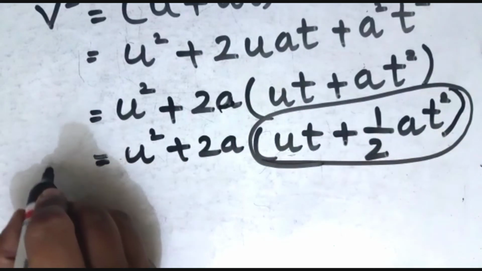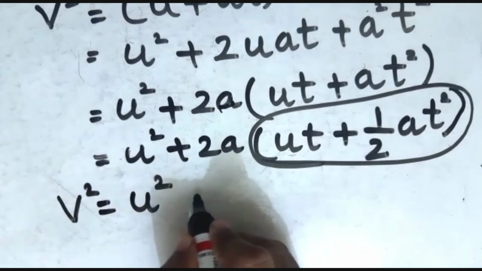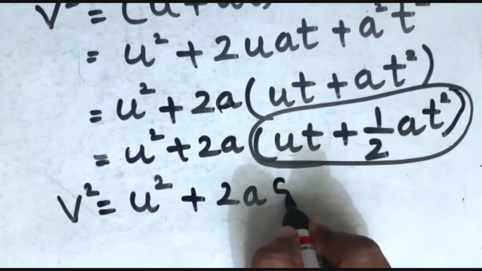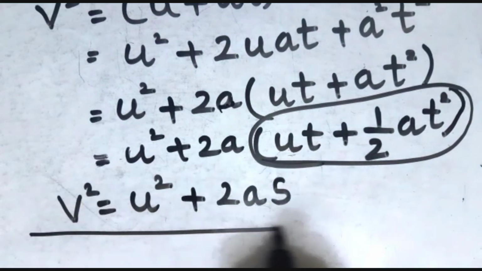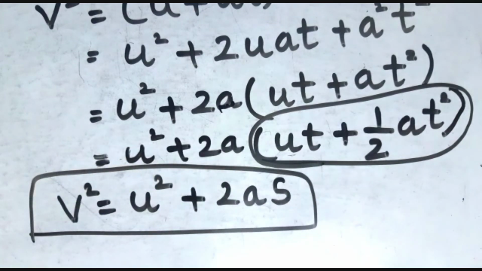So when we substitute over here, we reach our third equation of motion, that is v squared equals u squared plus 2as. This is our third equation of motion.